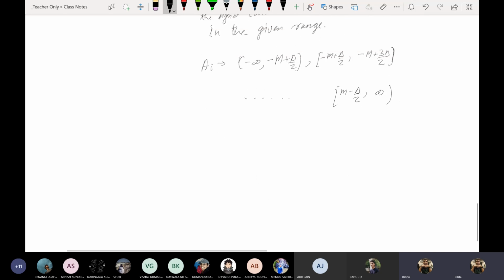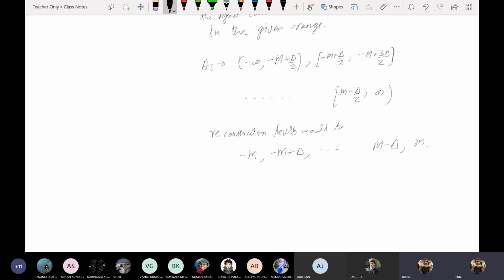And the reconstruction levels are minus m, minus m plus delta, up to m minus delta. Fine. You can also have it the other way. You can keep the boundaries at minus infinity to minus m minus and so on, and the reconstruction levels at the midpoints.